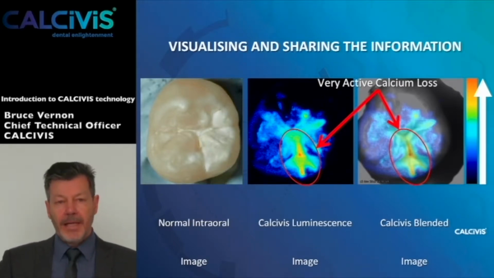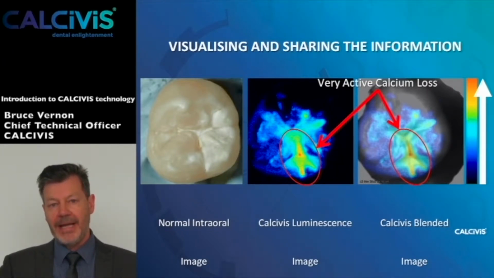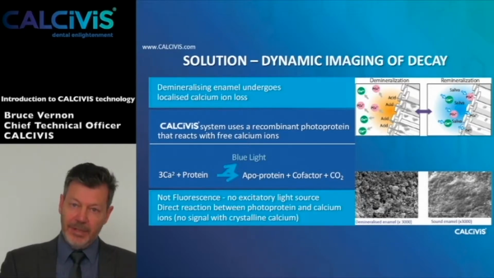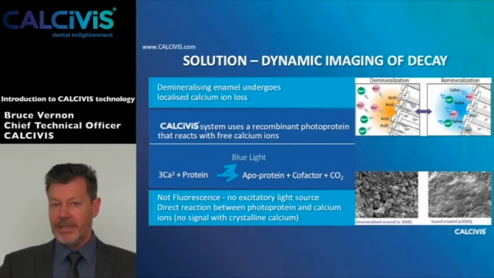So again, coming back to the crystalline structure in the enamel, when that comes under attack from acid, calcium ions are released. It's a normal chemical process, and that's demineralisation. We also see remineralisation when calcium goes back into the crystalline structure.